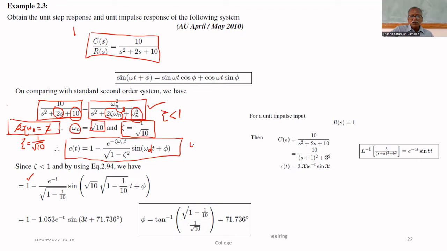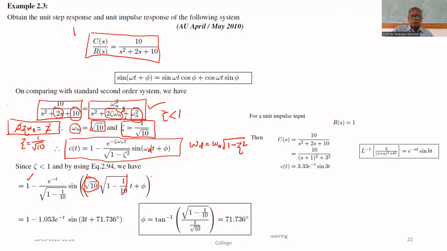Omega d equal to what? Omega d equal to omega n square root of 1 minus zeta square. So if you substitute, root 10 for omega n, square root of 1 minus 1 by 10, multiplied by t.